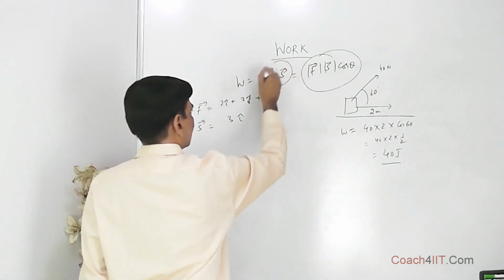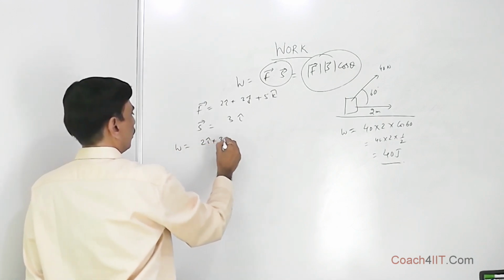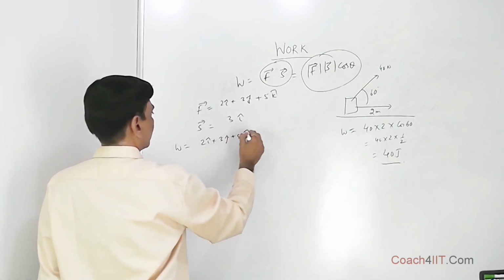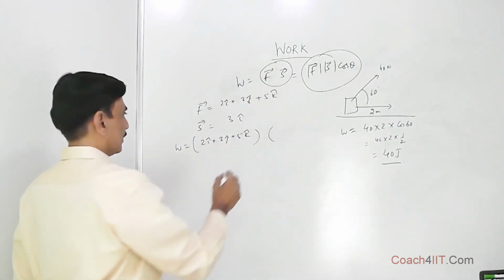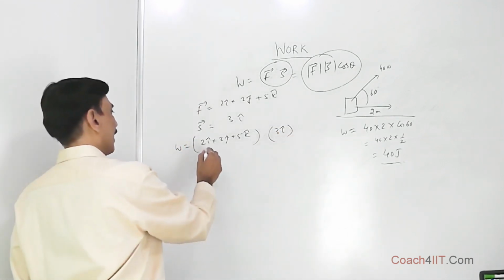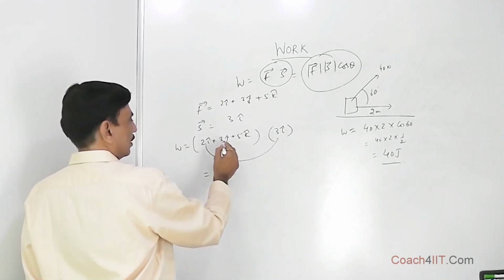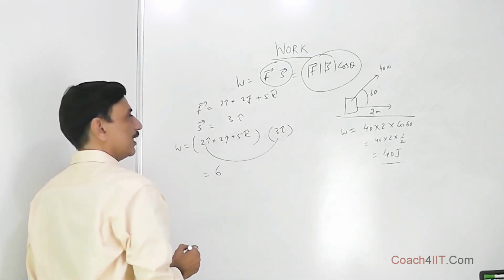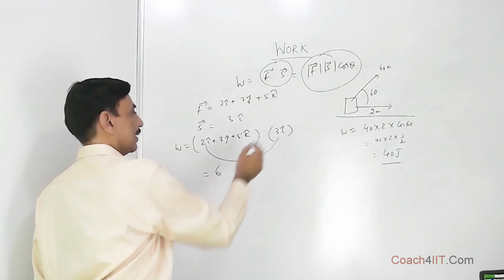So now we use this. Work is 2i plus 3j plus 5k dot the displacement vector, which is 3i cap. When we multiply 2i dot 3i, this is going to be 6. 3j dot 3i is 0, because j dot i is equal to 0. Similarly, k dot i is equal to 0.